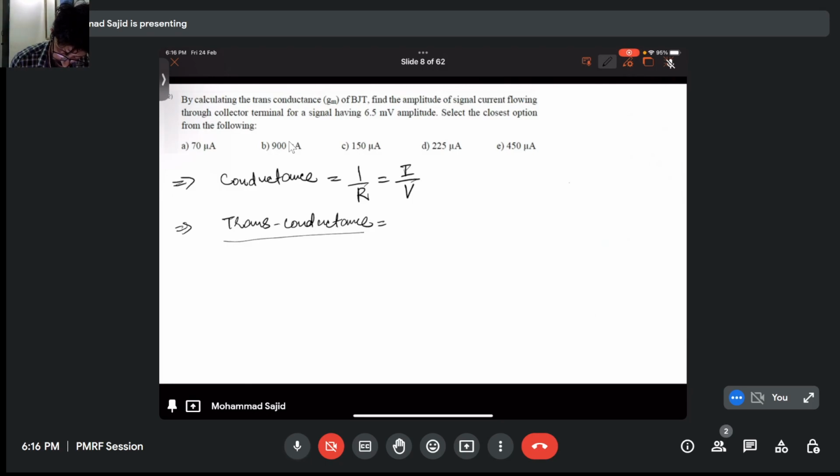From output to input. Output I out, input V in. So transconductance is I output by V in, denoted by GM.